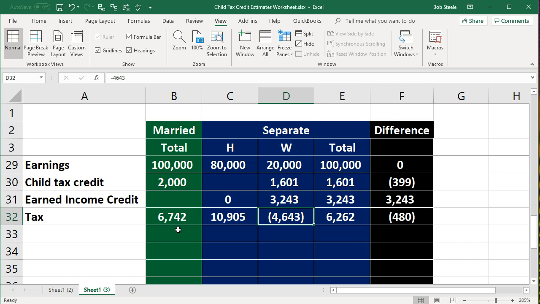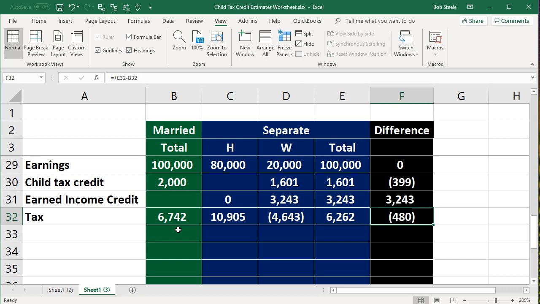So in this situation, there would be tax owed, 10,905 on this side, just from what we've put in the software's calculations. And on this side, there would actually be no tax paid and money coming back of 4,643. And the difference between those two would be basically a total tax of 6,262.